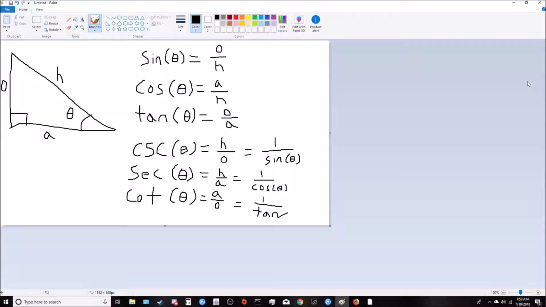But in addition to these, you also have what are called inverse functions. And so what those are is, say you take the sine of a particular angle, or just any of the trigonometric functions. But I'm just going to use sine as an example. If you take the sine of this angle, it'll give you this ratio as a result.